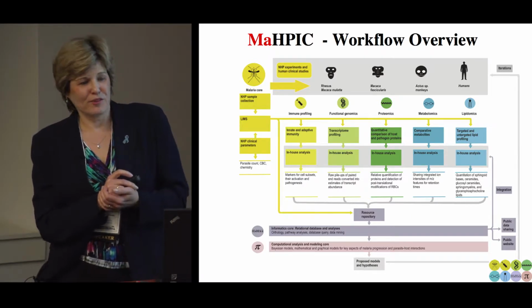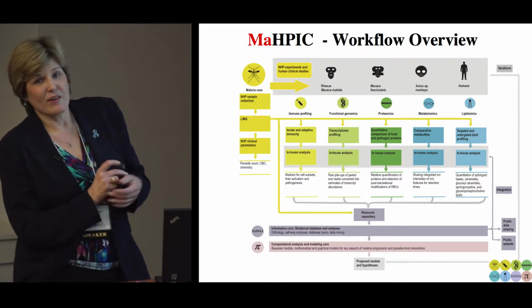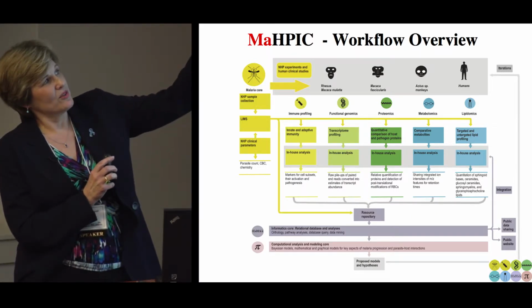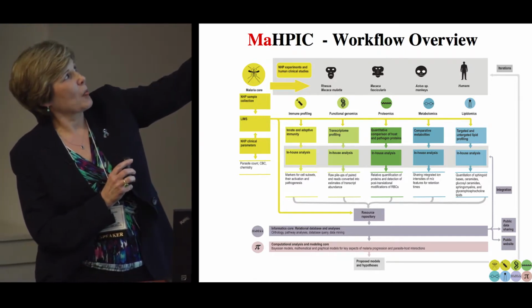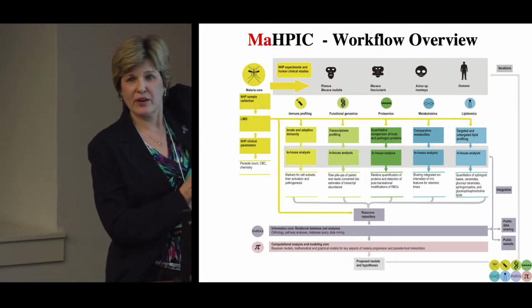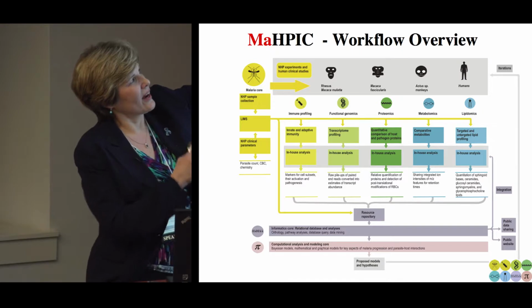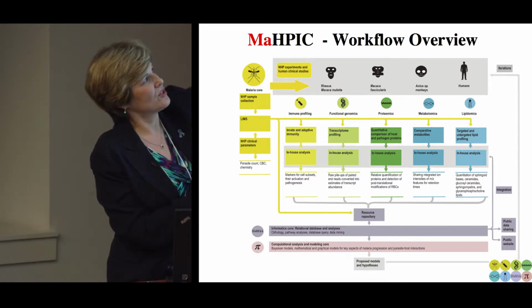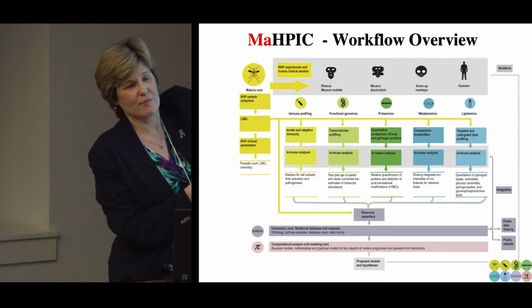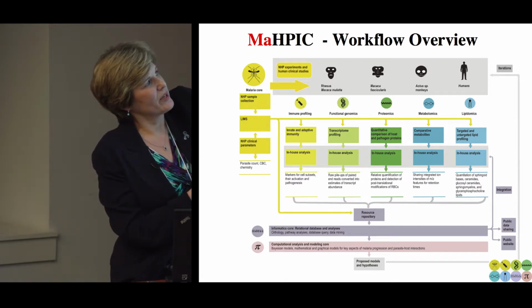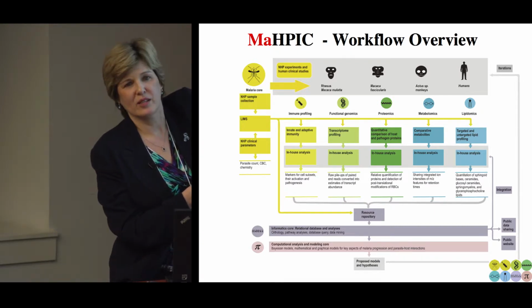So here's the MaHPIC overview. We have a lot of infections going on in the animals and also samples coming from humans. Samples are processed in our malaria core, and then they are aliquoted out to different cores to do immune profiling, innate and adaptive immunity, functional genomics, proteomics, metabolomics, and lipidomics.